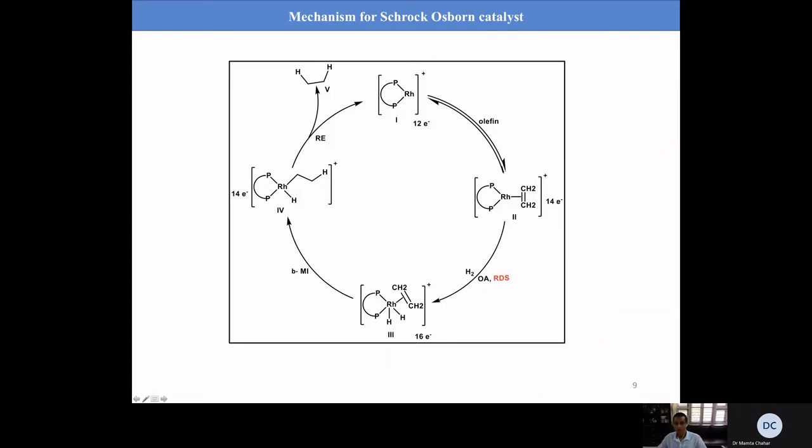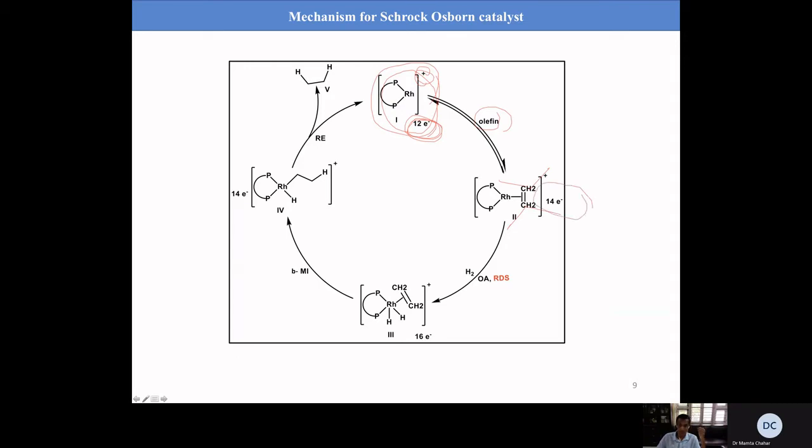Okay, moving on. For the Stryker-Osborn catalyst, the main important thing is the low-coordinated metal complex. That means the electron count will also be very low, and it's a cationic species. So the olefin, even if it is very bulky, let's say a tetra-substituted one, still can bind with the metal center pretty effectively.